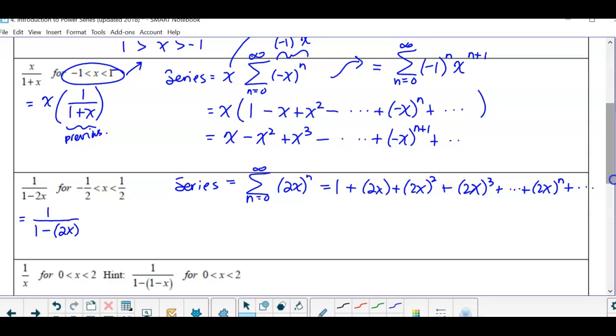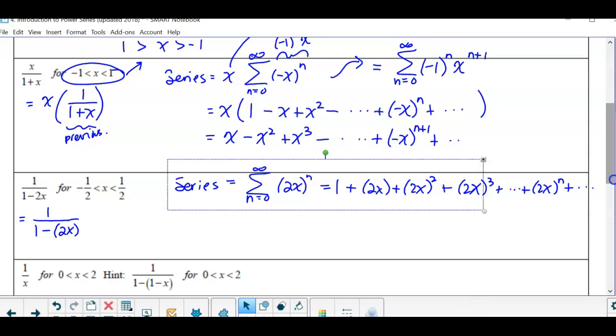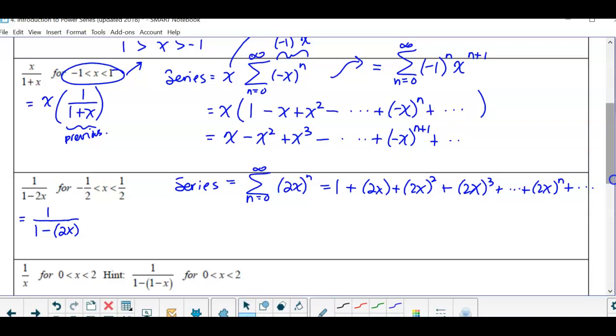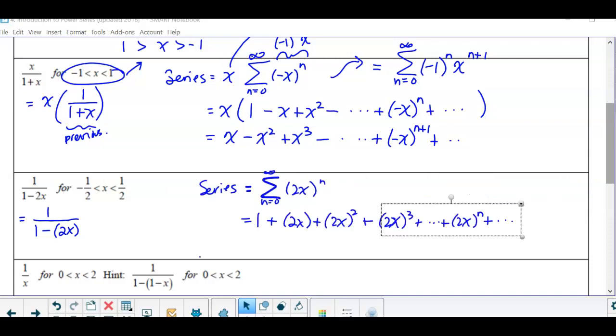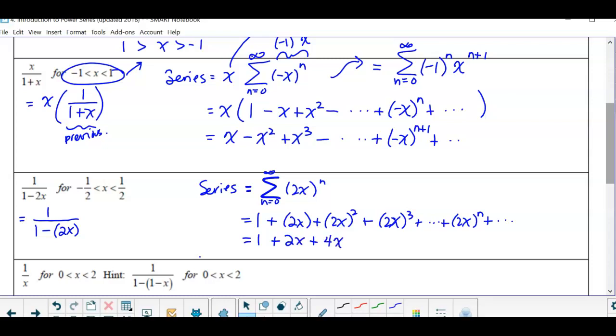Should have actually put that underneath. Not two equal signs on the same line. So then just expand the brackets.